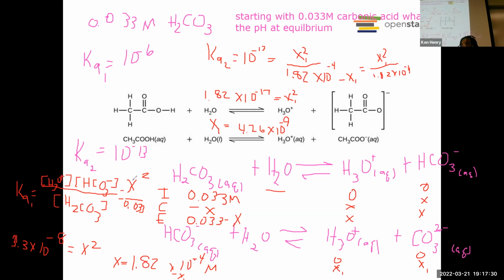Because it also suggests, does that suggest you're favoring your products or your reactant? Your reactant, because the value is so small, right?